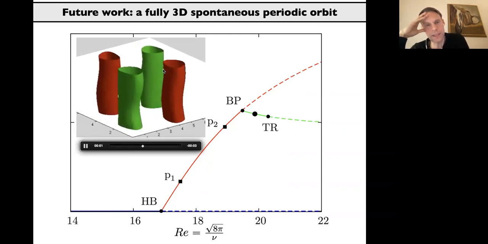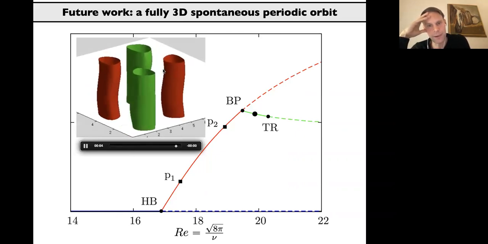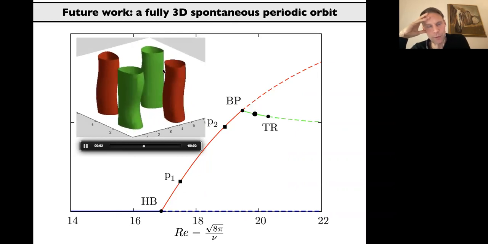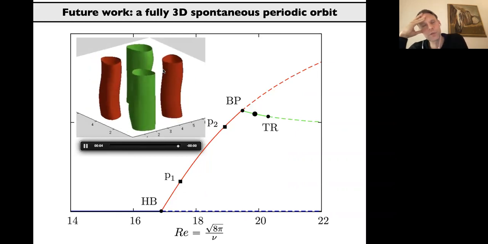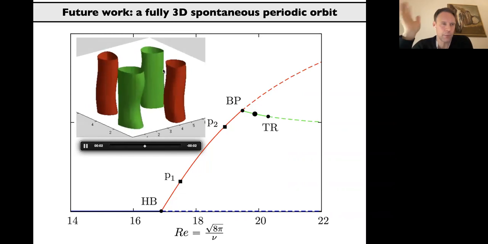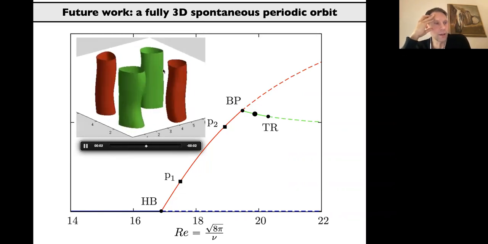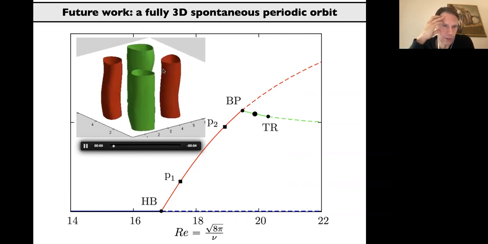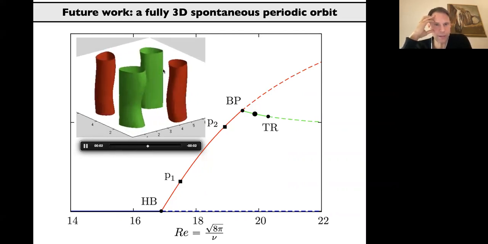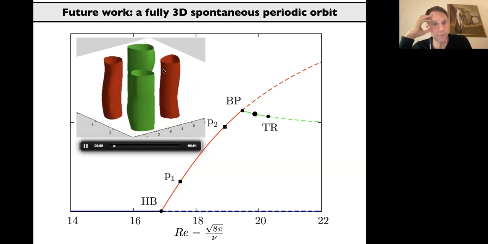All the estimates are done, but we do not yet have the computational power to do this. Instead of moving to a cluster or a high performance computer, we are trying to use more math to reduce the computational time and the number of Fourier coefficients. So this is work in progress.